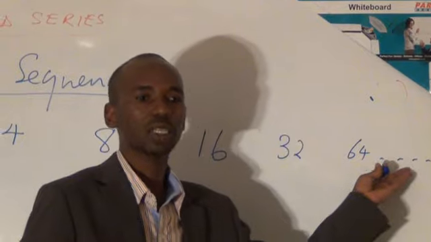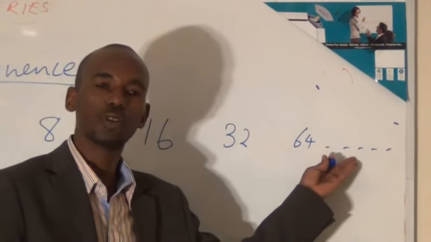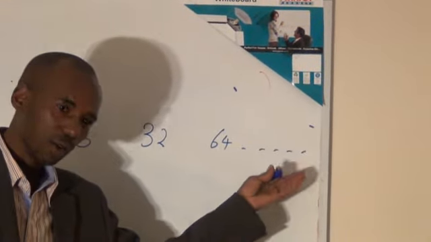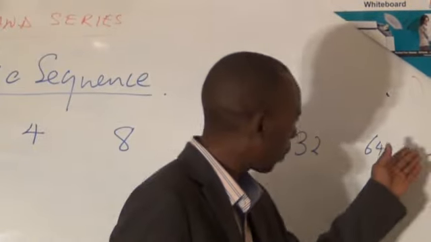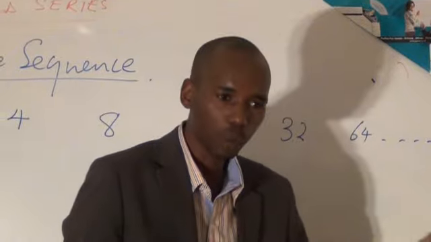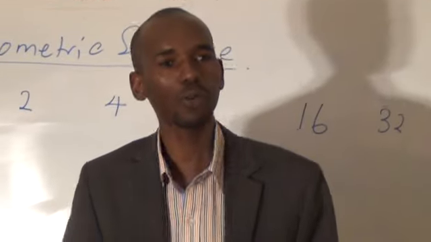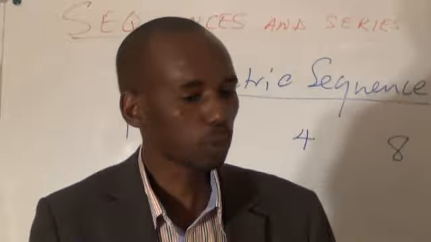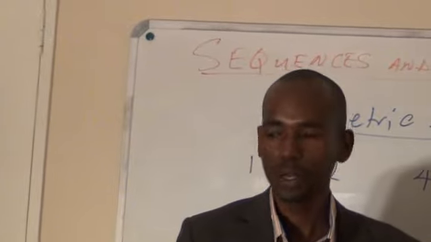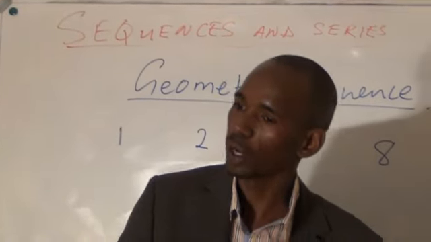I want the term after that, I multiply by 2, I get 256. The next one, I multiply by 2, I get 512. The next term after that, multiply 512 by 2, I get 1024. Multiply by 2, 2048. And continue like that. Agree? Of course, we do agree now.